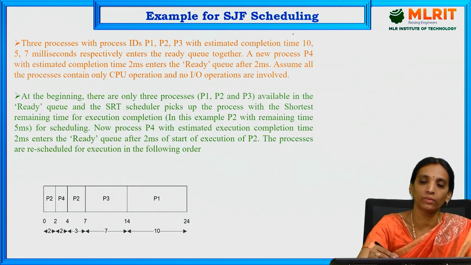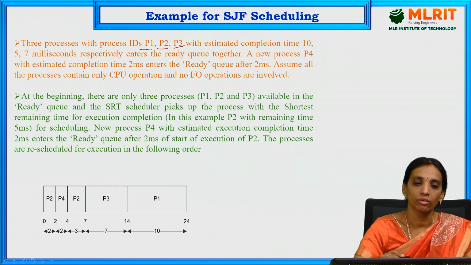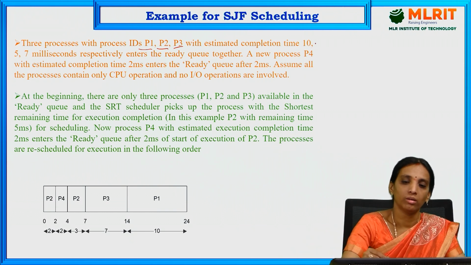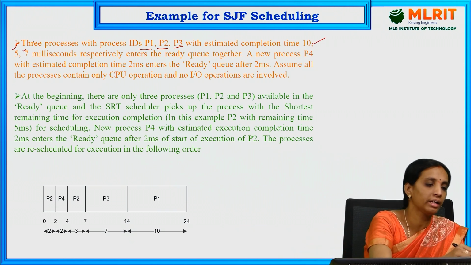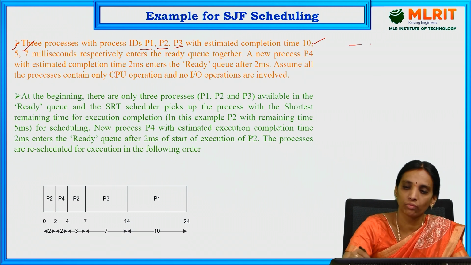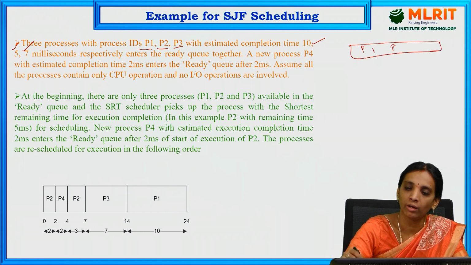An example for this: here we have 3 processes, P1, P2, P3, which have estimated times of 10 milliseconds, 5 milliseconds and 7 milliseconds, and they enter the ready queue. Initially we have P1, P2, P3 in the ready queue.